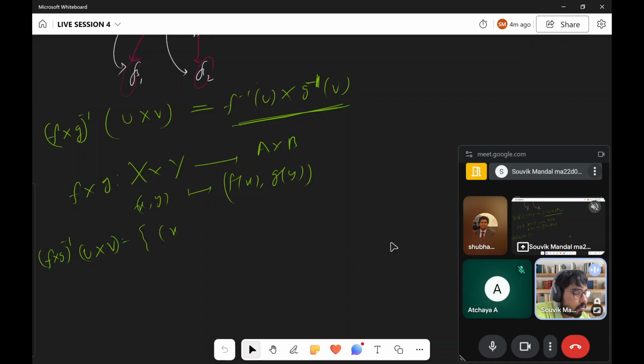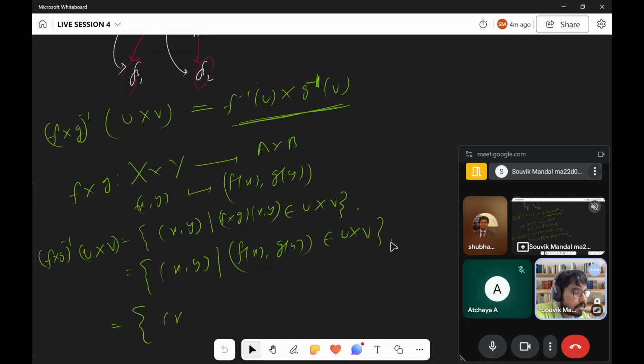It contains all those points x comma y such that F cross G of x comma y belongs to U cross V. This is by definition, right? And this is nothing but x comma y such that Fx comma Gy belongs to U cross V. This is correct, right?